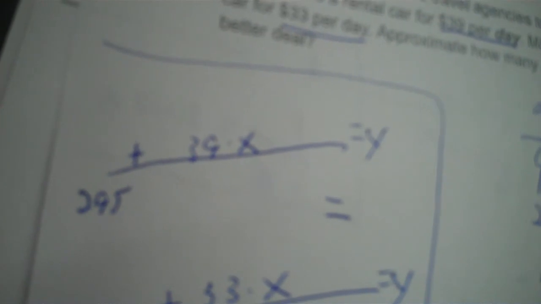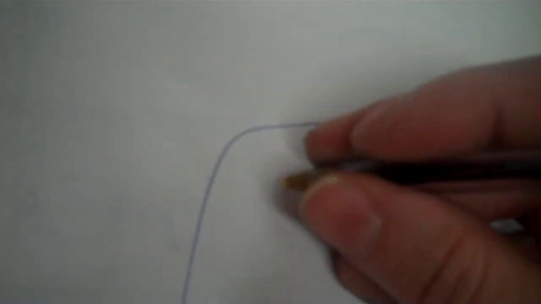So we start at 295 and we're adding $39 every day. He starts at 350 and we're adding $33 every day. Now I want to find out when these are equal. I know we want to find out when one overtakes the other, but I'd have to find that equal point too, and then any number of days after that is when the one that started at the lower cost becomes more expensive than the other.